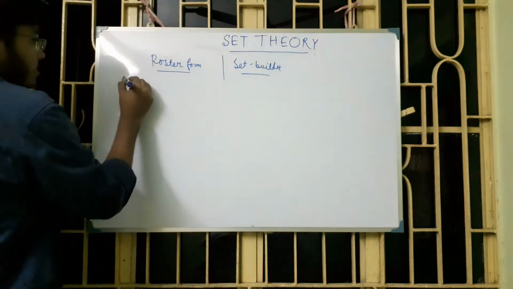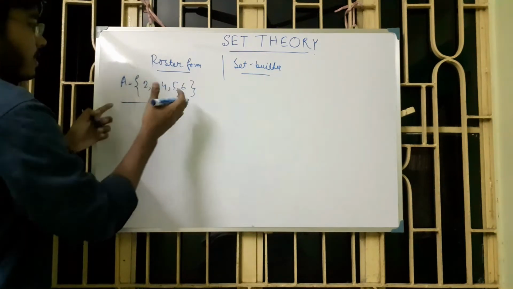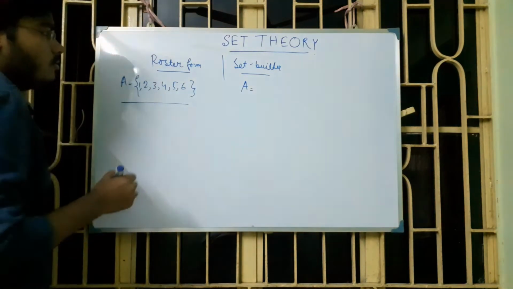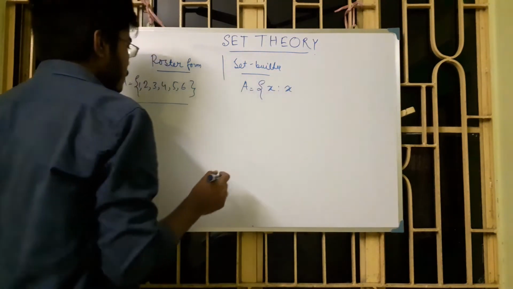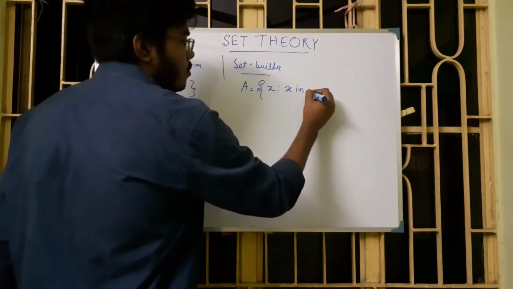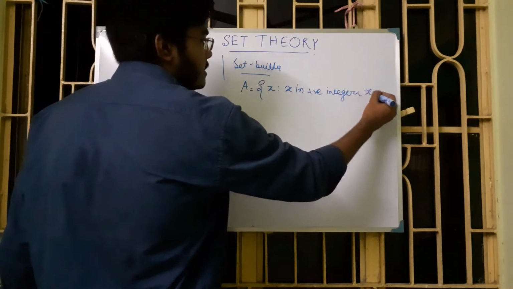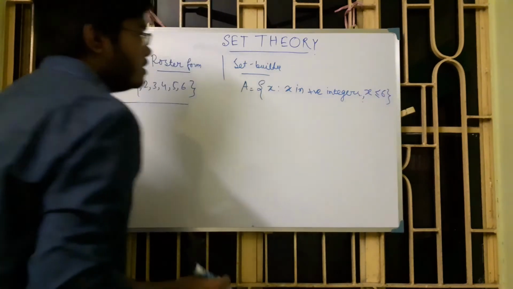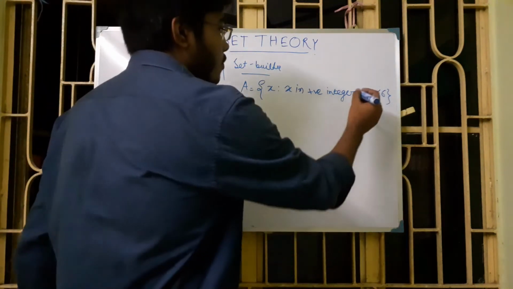Let's say a set is defined as {2, 3, 4, 5, 6}. This is roster form. And if a set is defined as, let's say, {x : x is a positive integer and x is less than or equal to 6}, that means x is a positive integer and x is less than or equal to 6.